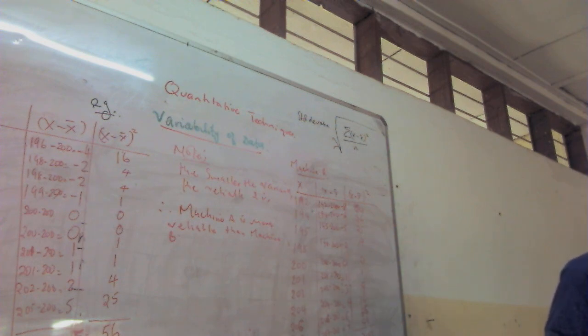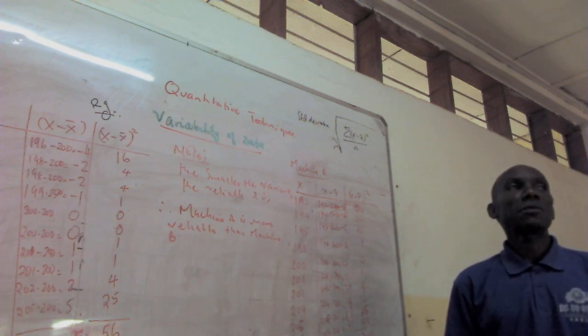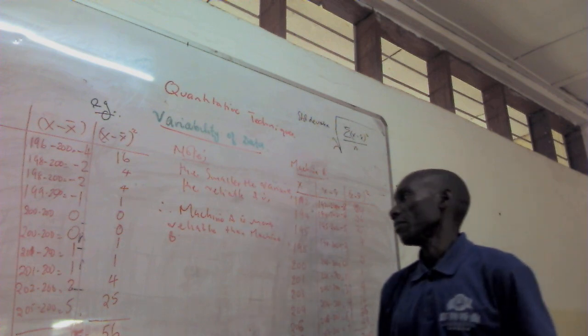Machine A has less variation, indicating that it is more reliable than machine B.